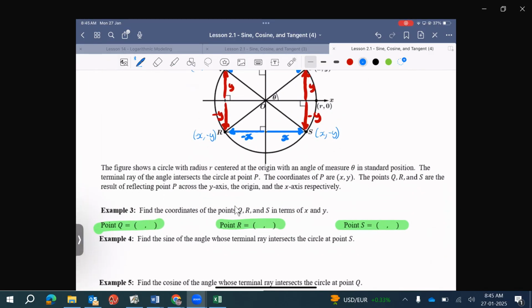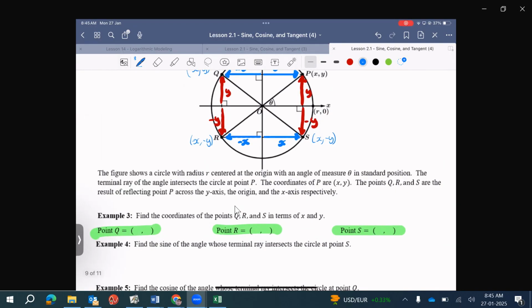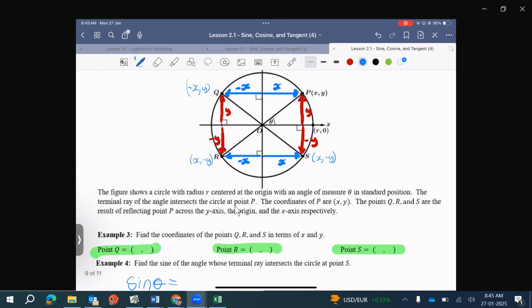Now find the sine of an angle whose terminal ray intersects at point S. Again, notice we've got a radius there.